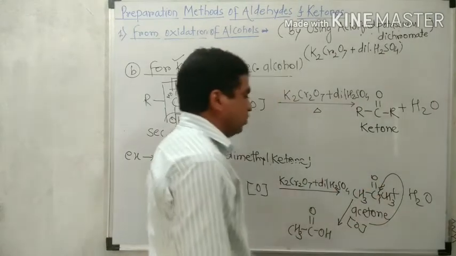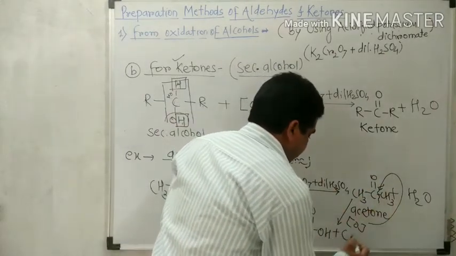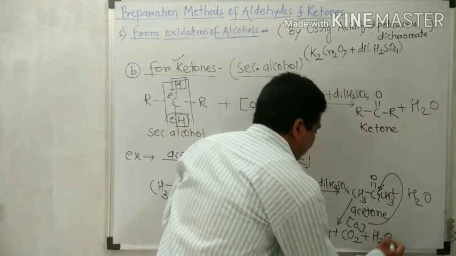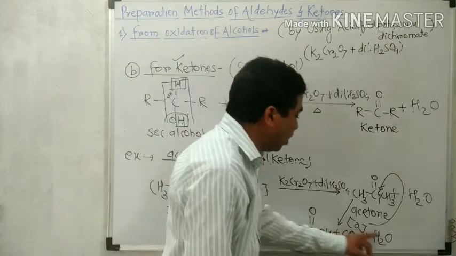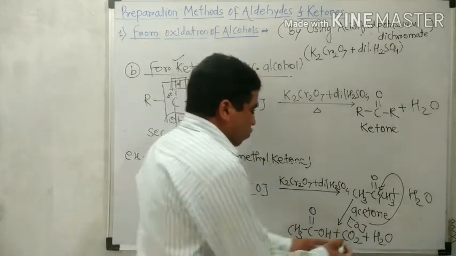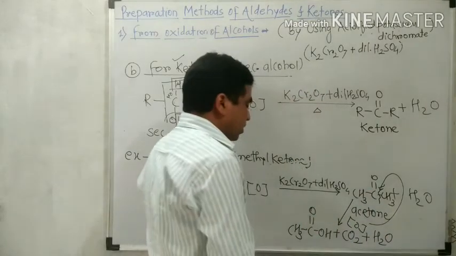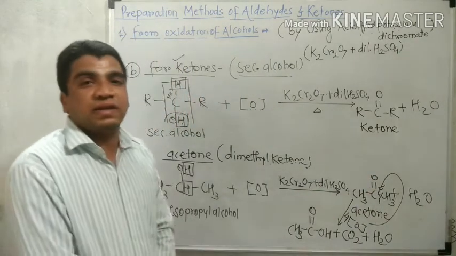For balancing the reaction, some CO2 and H2O molecules are formed. So how many CO2 and how many H2O form? One CO2 and one H2O form, because you take 4 oxygen atoms here.